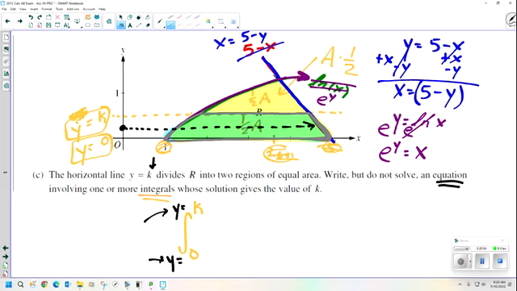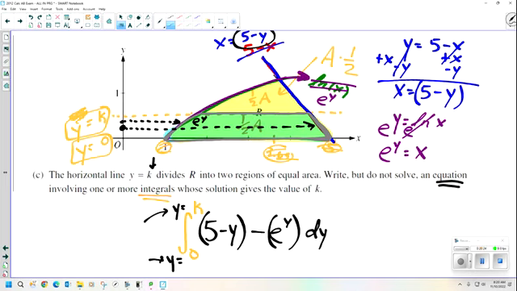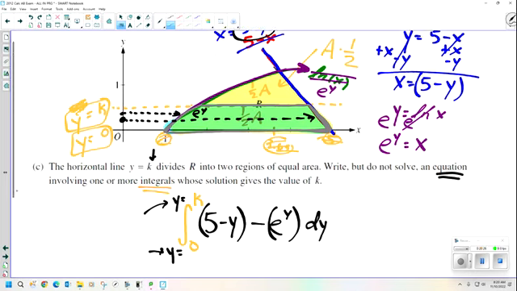The bigger expression is the blue one. So it's going to be 5 minus y, because that's the bigger one, minus the smaller one, which is e to the y. Bigger minus smaller, dy.